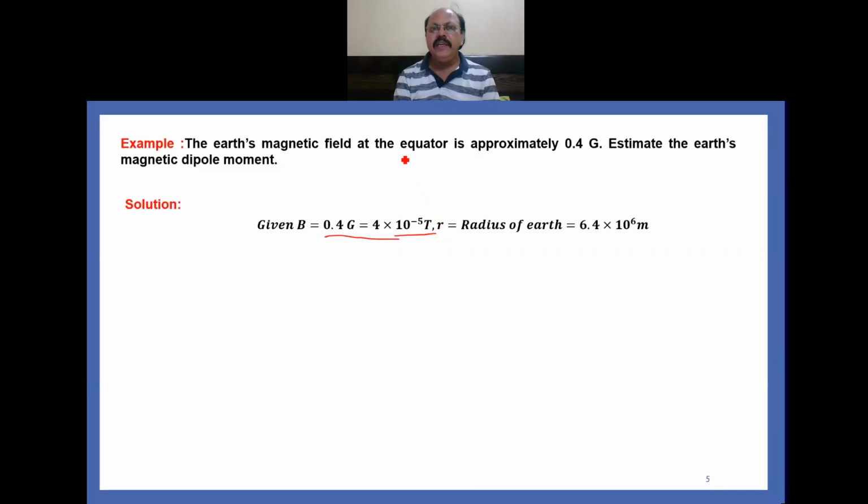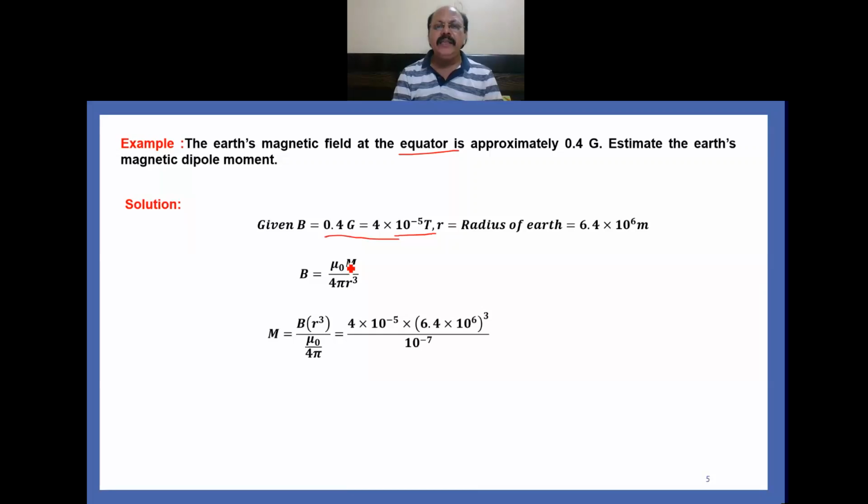Now in the question it is written equator, and the formula that we have already calculated for the magnetic field at the equator in case of a magnetic dipole is B = μ0/4π × M/R³. Capital M is the magnetic dipole moment.